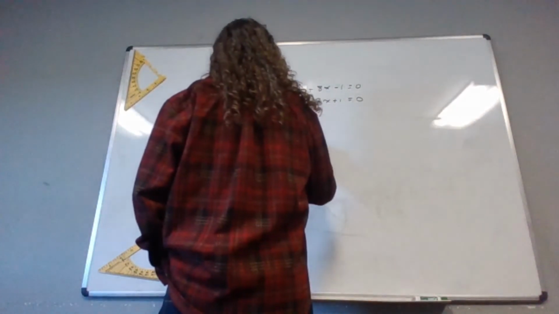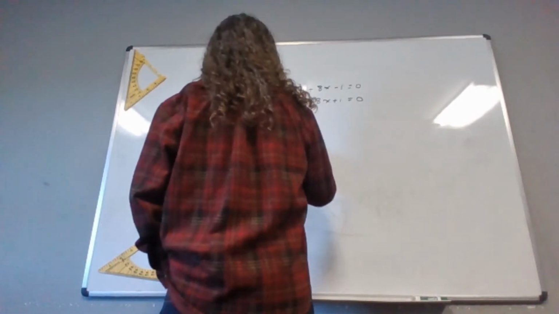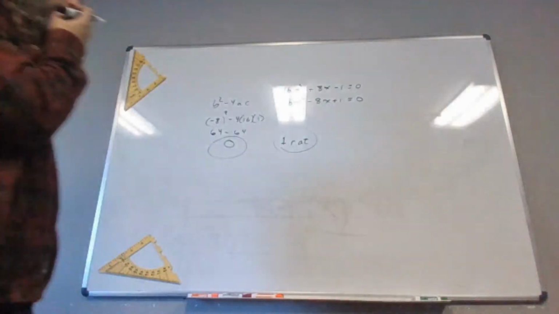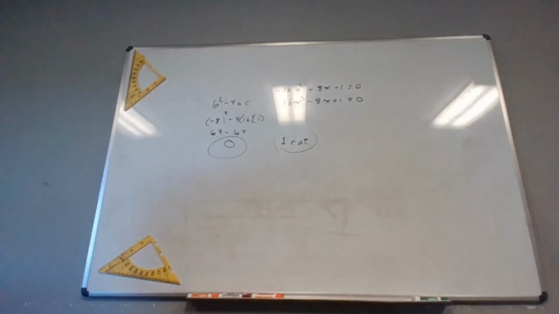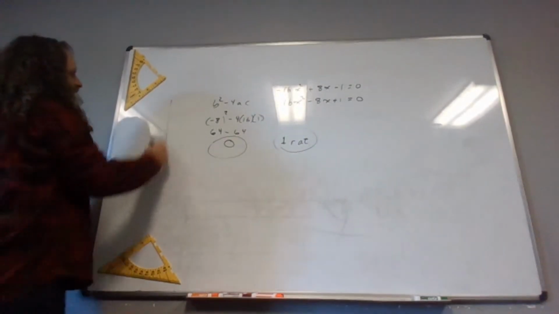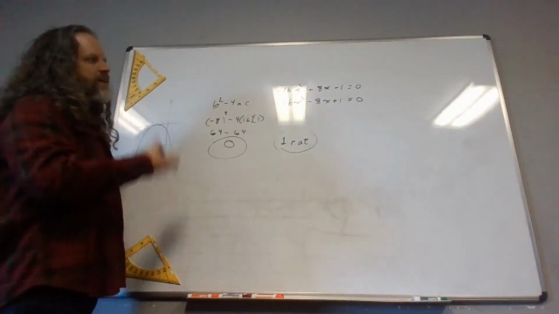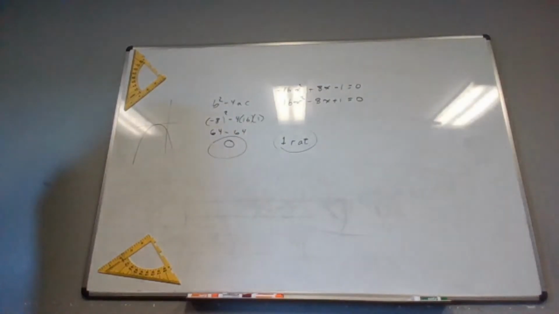That means if we graphed it, it only touches the x-axis once. It would barely kiss it. It also is a parabola opening down, so it's going to look something like this. I don't know what the zero is. We'd have to figure that out, but it's going to look something like that.